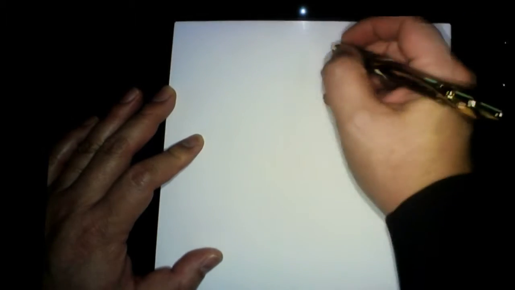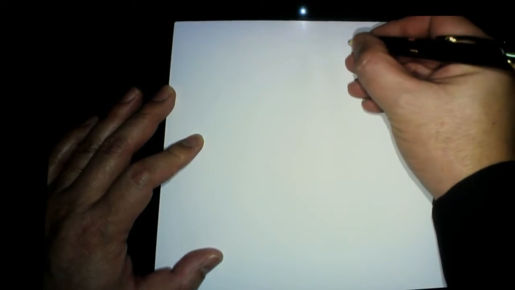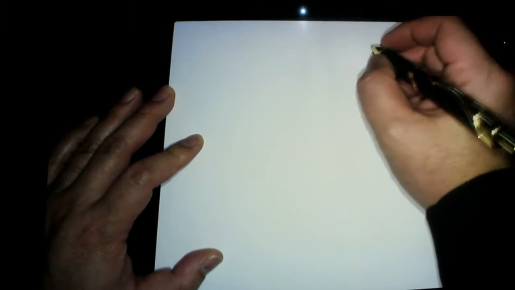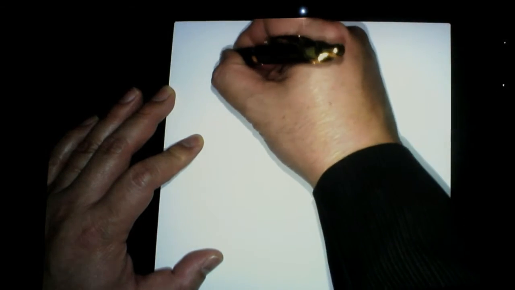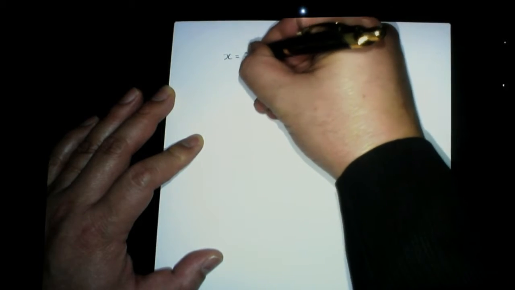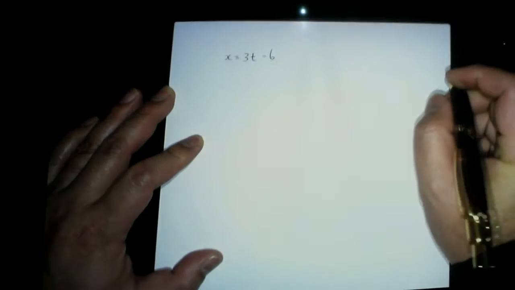Working with reference to worked example number 9 on page 300, we are given an equation whereby x is equal to 3t minus 6.